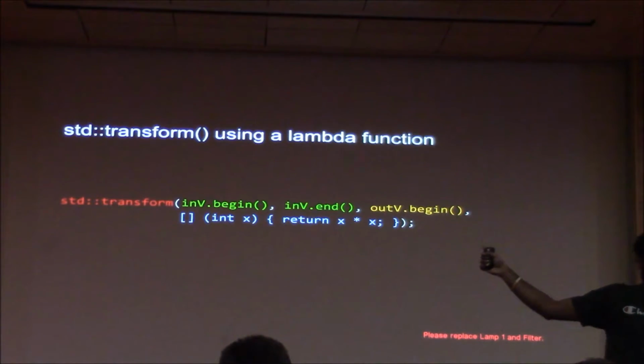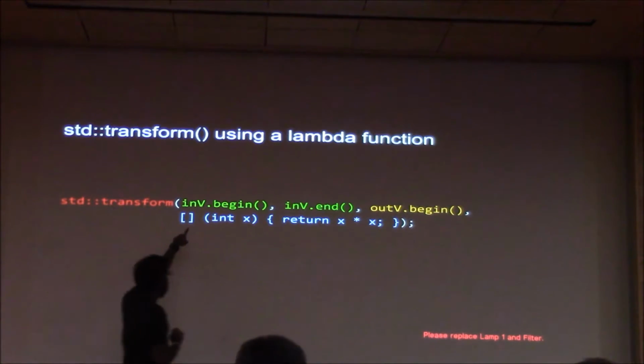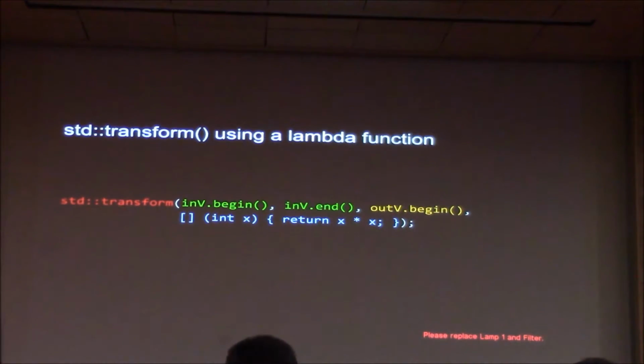It means that when I am going from inv.begin to inv.end, all the elements that I am going to access are integers. For each and every integer, I pass it through this lambda, and whatever is returned as the value, which is x squared, I am going to save in the output vector. That's all this means. And this particular syntax just means that whatever we are writing after that is a lambda. It would have no name.